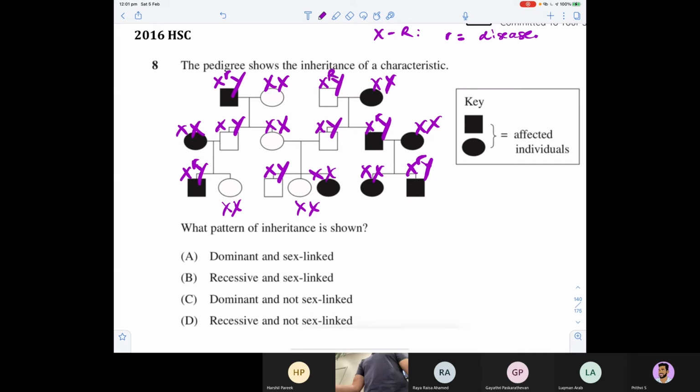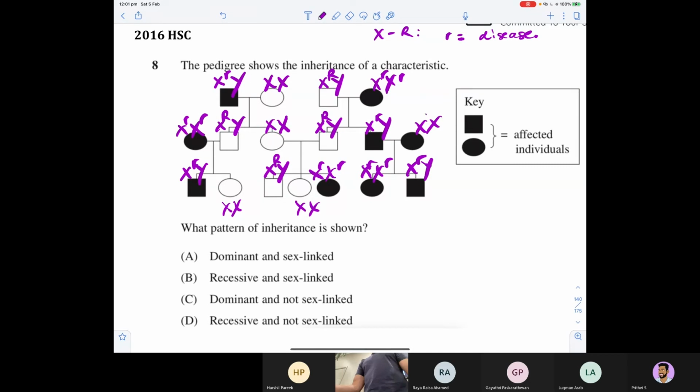So next to every unaffected male, I'm going to write capital R. Capital R. Now, next to every affected female, what am I going to write? Good, right? So every black circle, I'm going to just blindly write little r. Now, for every unaffected female, what am I going to write? Oh, I missed.